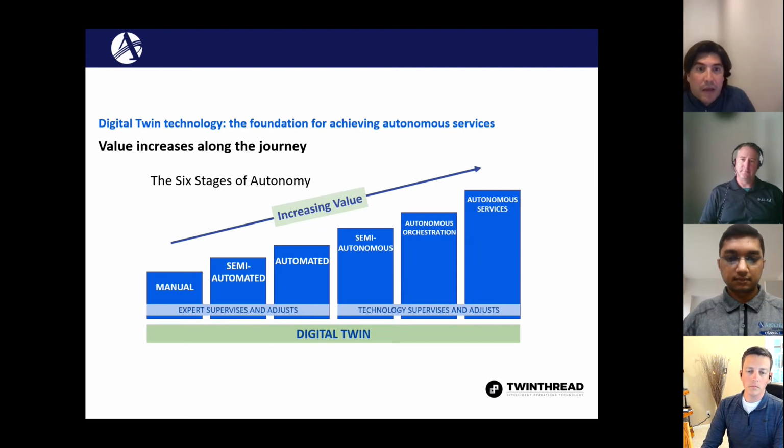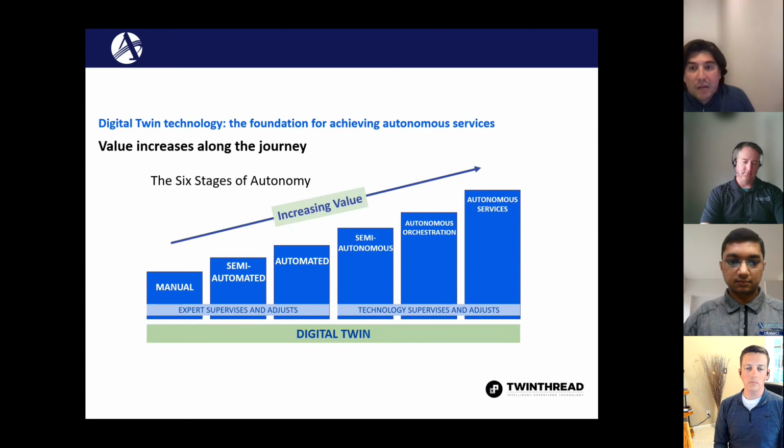And we know that different industrial companies find themselves at different stages of the journey. And it's really important that we meet our customers where they are in this journey and help them to automatically supervise, adjust, and optimize the performance of their entire fleet, not just a subset of that fleet or individual pieces of equipment.